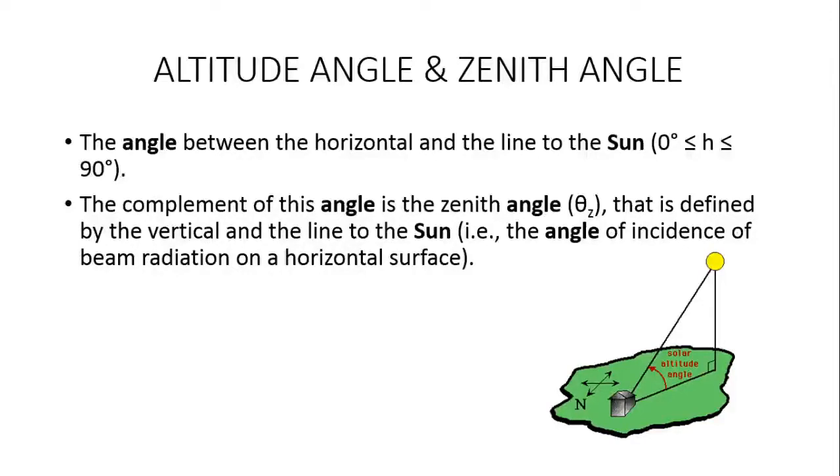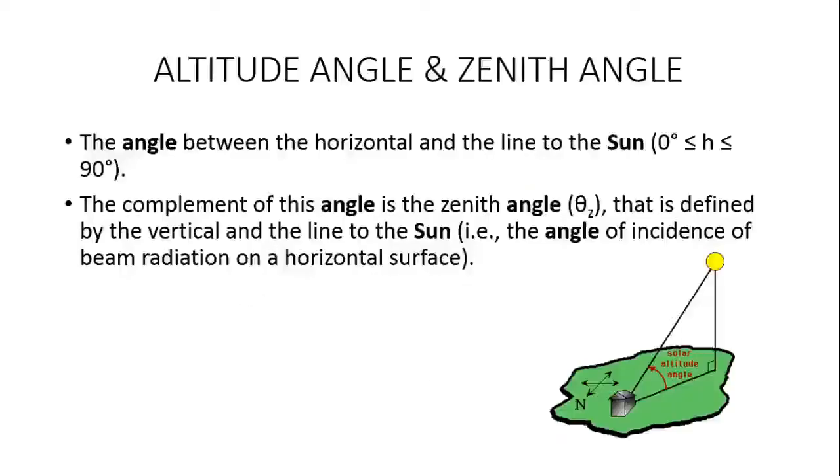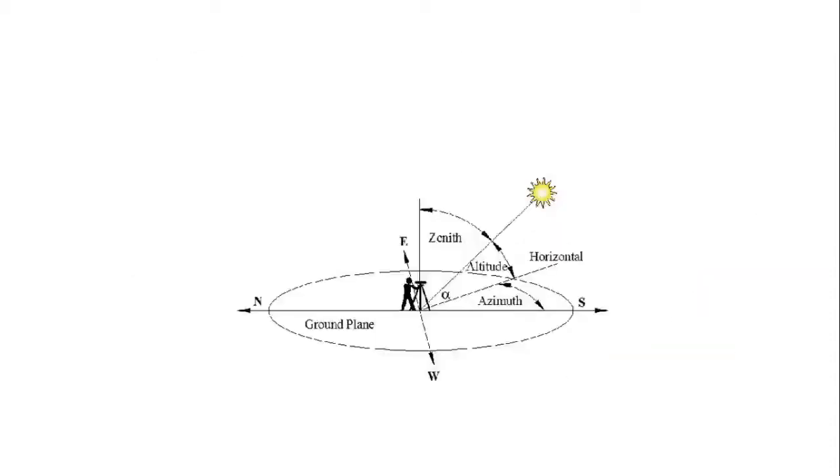If we take the altitude angle as alpha, then the zenith angle theta z can be taken as pi by 2 minus alpha. So here the two angles can be seen, altitude angle and zenith angle. Again I am explaining the definition: the angle between the horizontal and the line to the sun. The altitude angle varies as 0 degrees less than or equal to h less than or equal to 90 degrees.